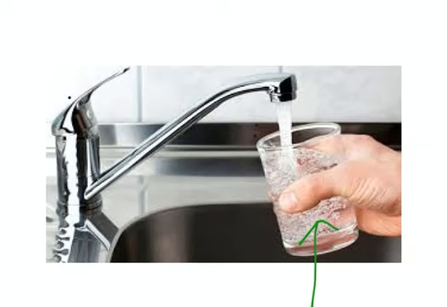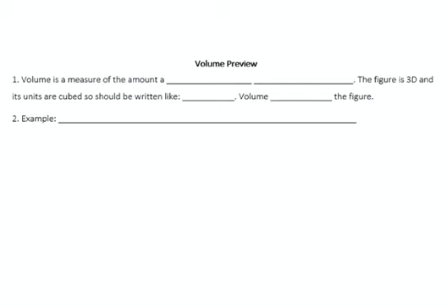So volume talks about how much water or how much of some liquid or some solids, how much something can hold. That's what volume talks about. So keywords like fill and hold, you're really going to want to think, okay, that's the volume. So volume is a measure of the amount a container holds.